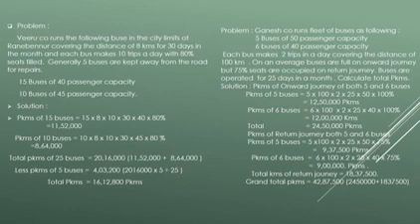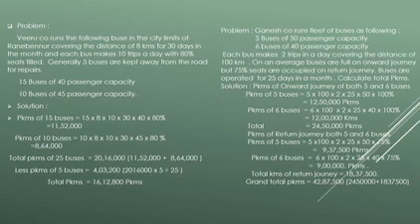Then we have to calculate passenger kilometers of 10 buses, applying the same formula, that is number of buses into distance into trips into days into capacity into percentage carried.